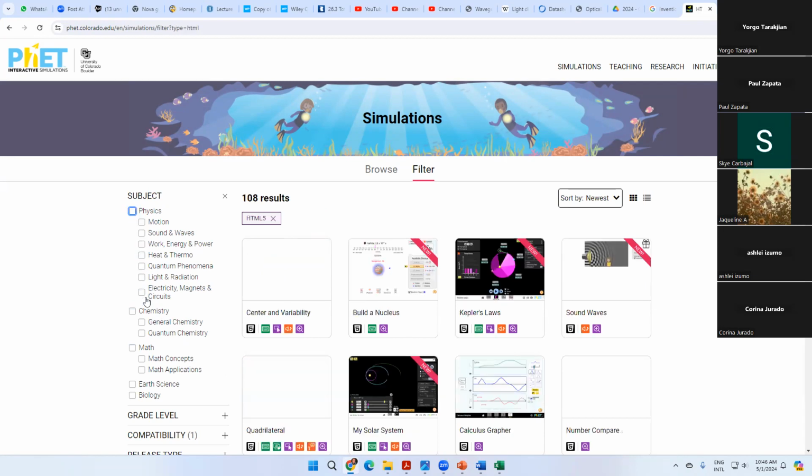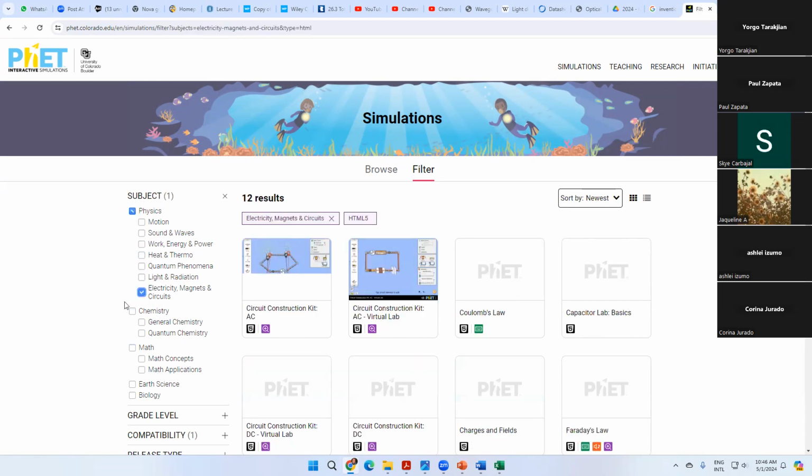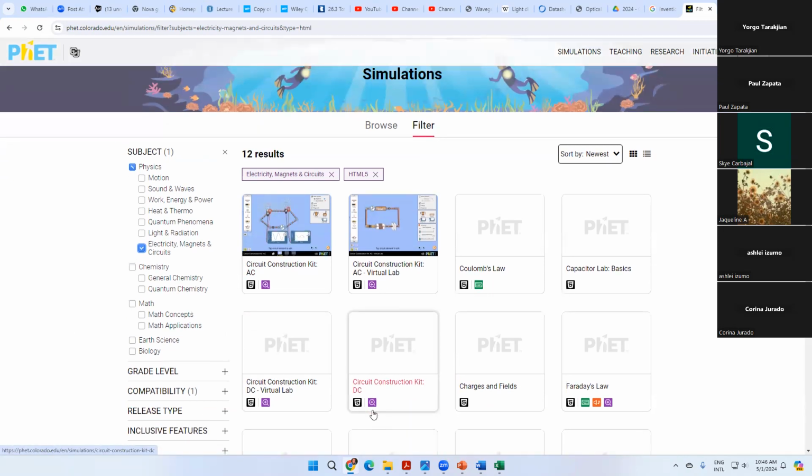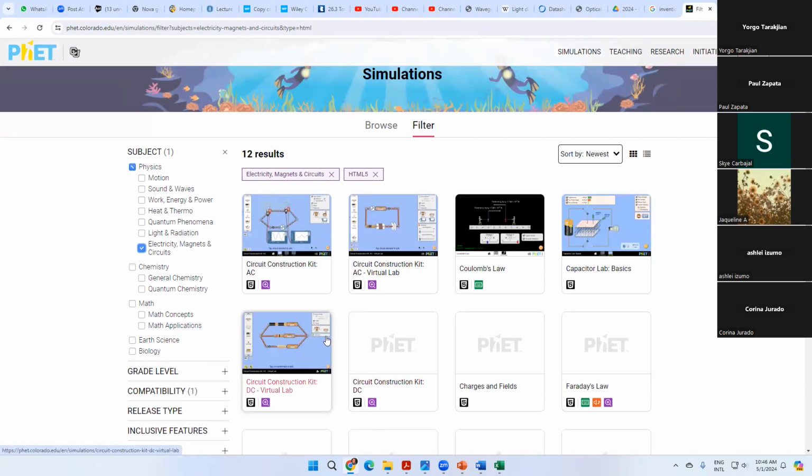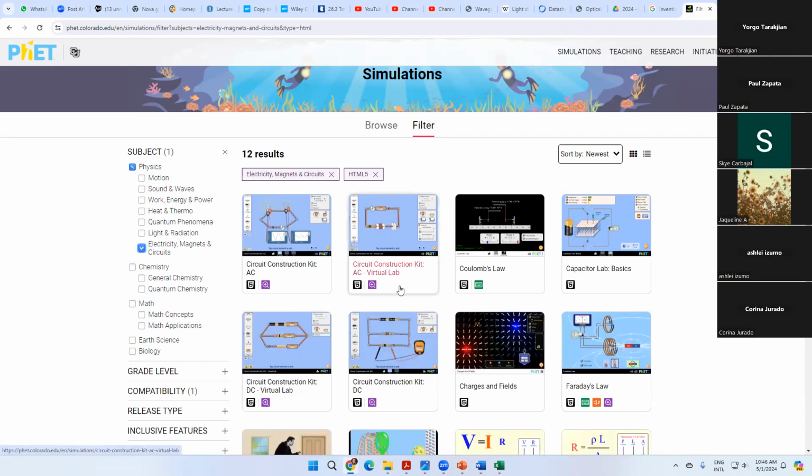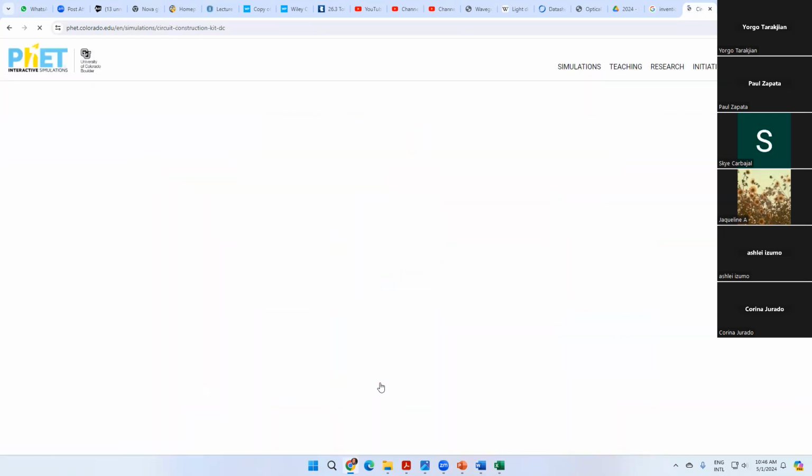Okay, electricity, magnets and circuits, motion, sound waves. Okay, so here we go. We worked with that before. Do you remember that? And AC, we're not using AC circuit, we are using a DC circuit. Okay, direct current. Let's see if this one has what we want. Let's see if they have a flashlight bulb here.